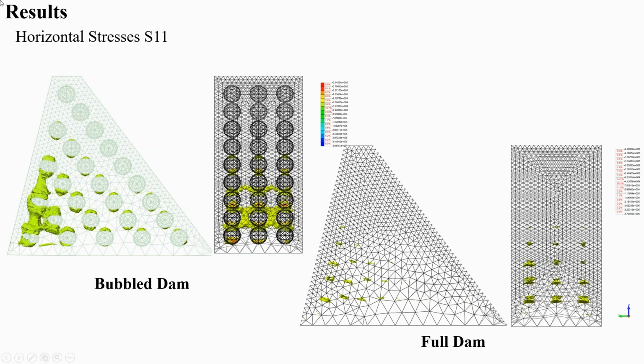We can find the stress area for the same certain value is higher, but in the full dam we have the same stresses. So what happened is that the stress area increased, but within the same range.